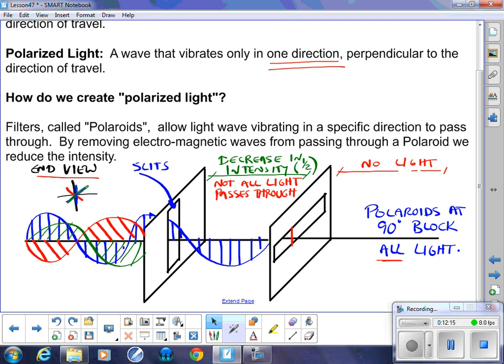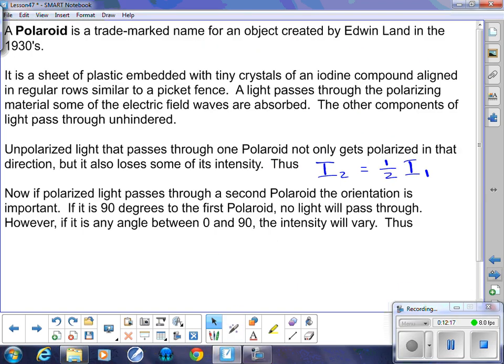So as you pass through a Polaroid and polarize the light, you get this formula, which you'll want to add to your formula sheet: intensity, when you pass through one Polaroid, becomes 1/2. Only polarized light can get through, so it's all vibrating in the same direction, and the intensity is 1/2 as great.